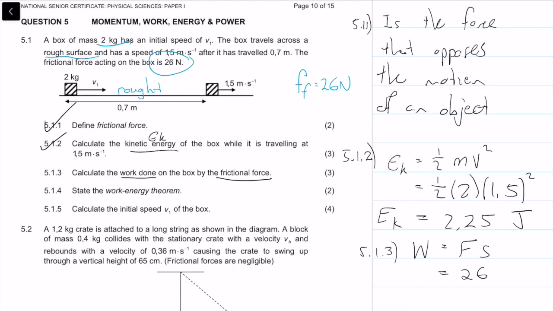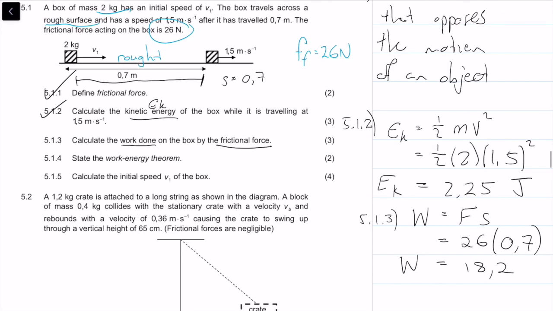Okay, and the distance that it covers, or the change in displacement, S, is equal to 0.7. So times 0.7 meters, and if we put that into our calculator, we get that the work is equal to 18.2, and again this is work, so it's got units of joules. Okay, so that is our final answer.